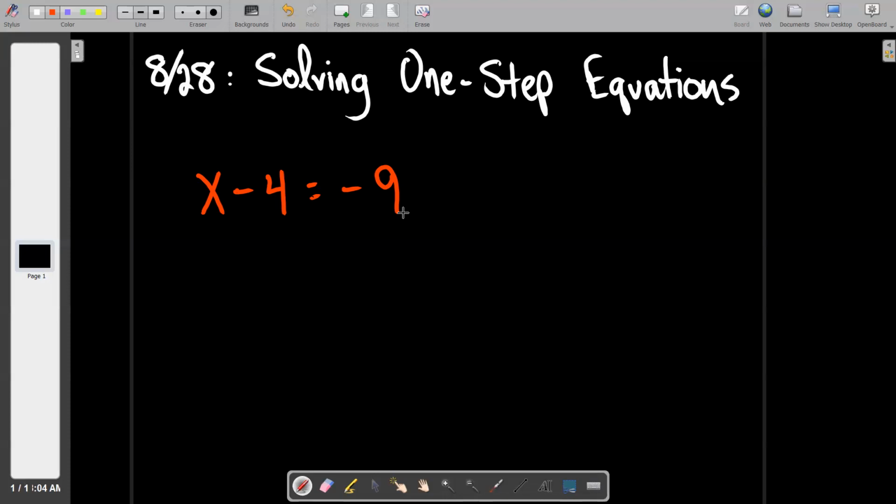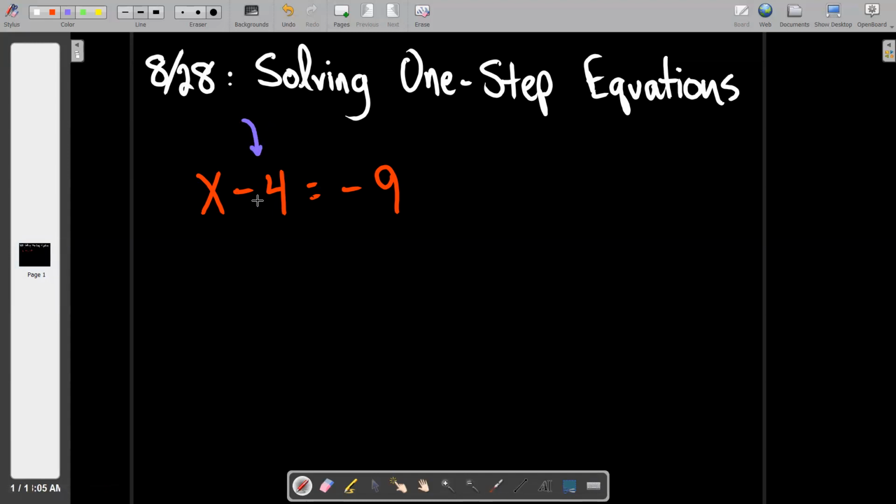So do you guys know from your past experiences how we solve this? Not what the final answer is, but what do we do, Gage? Right. So our mission is essentially, you're going to hear me say this probably 200 times, get the variable by itself. So it's over on the left side, but it's got this pesky -4 with it. And how do we undo a -4?